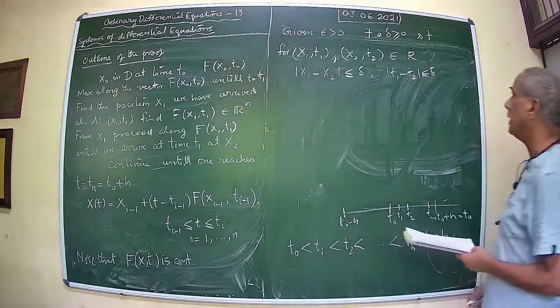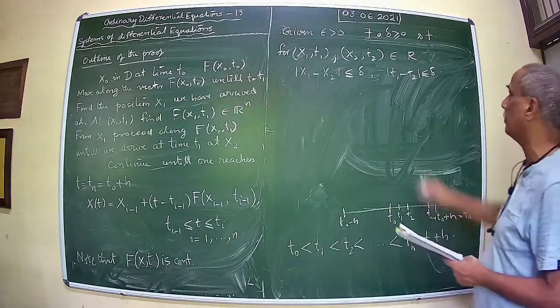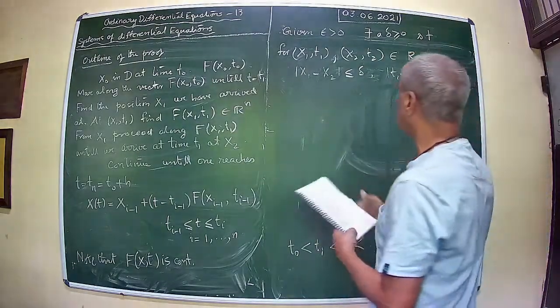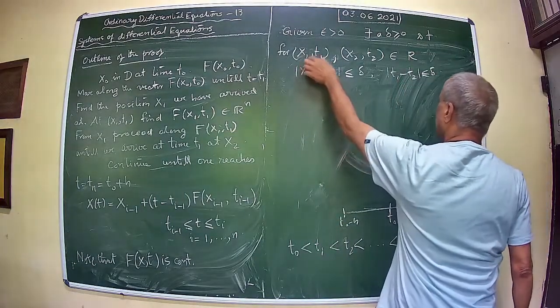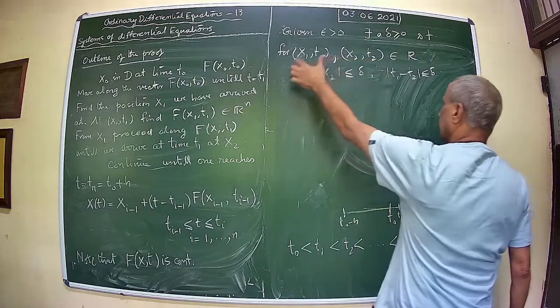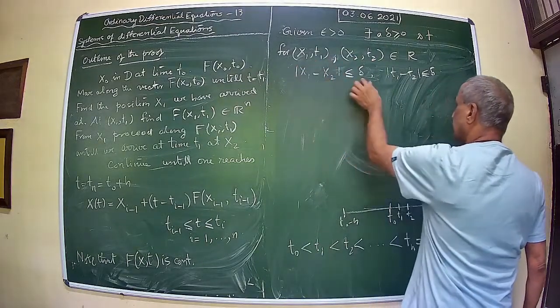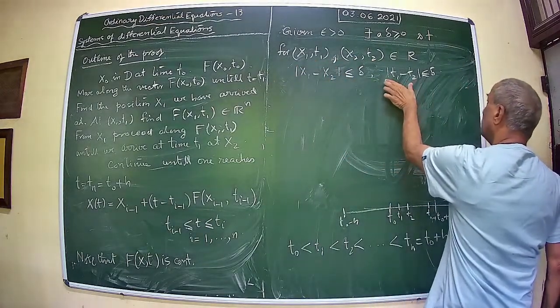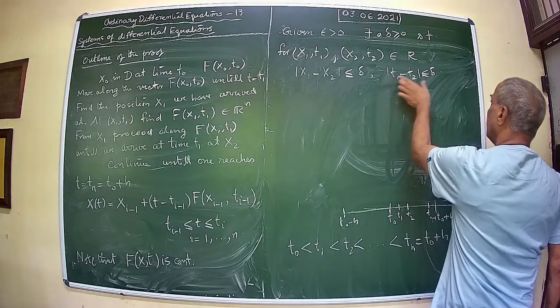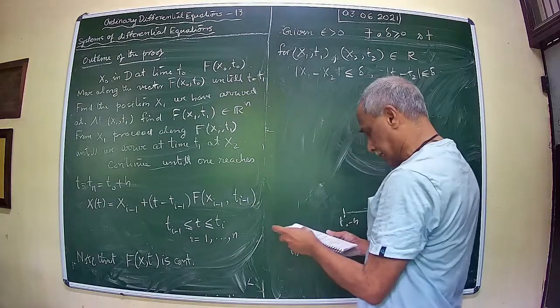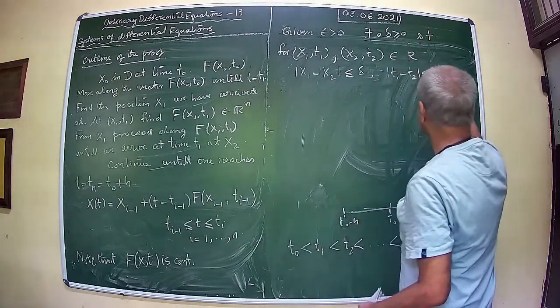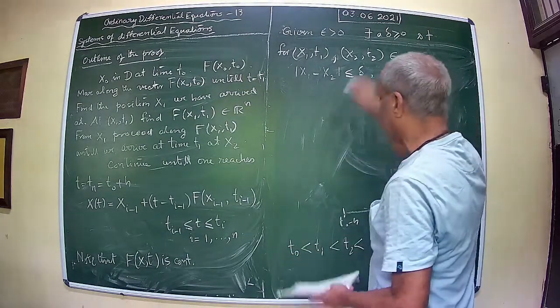So corresponding to an epsilon positive you have a delta such that whenever x1 t1 and x2 t2 are such that norm of x1 minus x2 is less than delta, and absolute value of t1 minus t2 less than or equal to delta, what one gets, okay, such a delta exists.